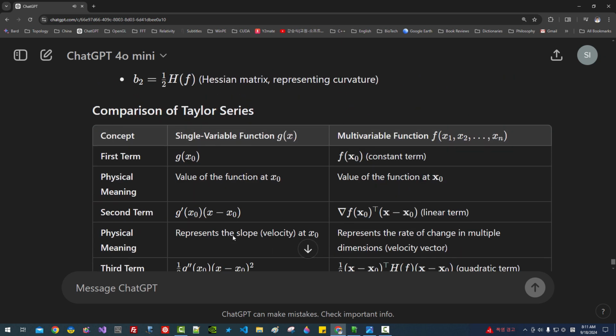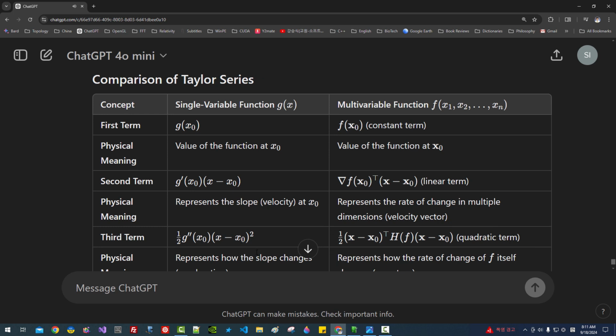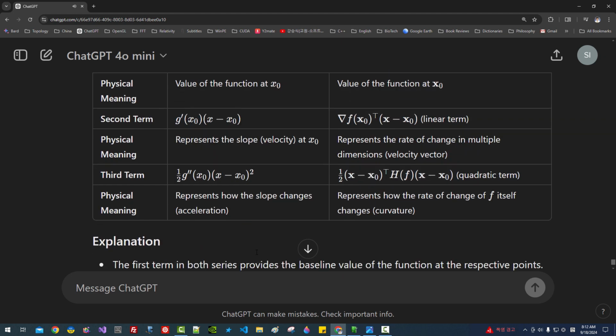Comparison of Taylor series concept. Single variable function g(x) and multivariable function f(x1, x2, ..., xn). First term: g at x0, f at x0, constant term. Physical meaning: value of the function at x0. Second term: g'(x0)(x minus x0), nabla f of x0 times (x minus x0), linear term.